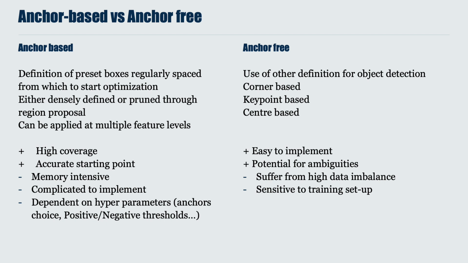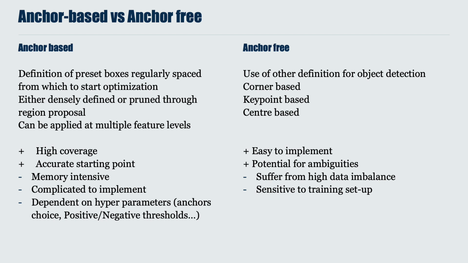In contrast, the anchor-free methods need some other definition for the object detection. They are often using not the center, height and width, but also corner-based or keypoint-based, sometimes center-based. So you have a large variety of ways of defining boxes in those solutions. They're usually relatively easy to implement, but you have the potential for ambiguities, especially if you have overlapping objects.